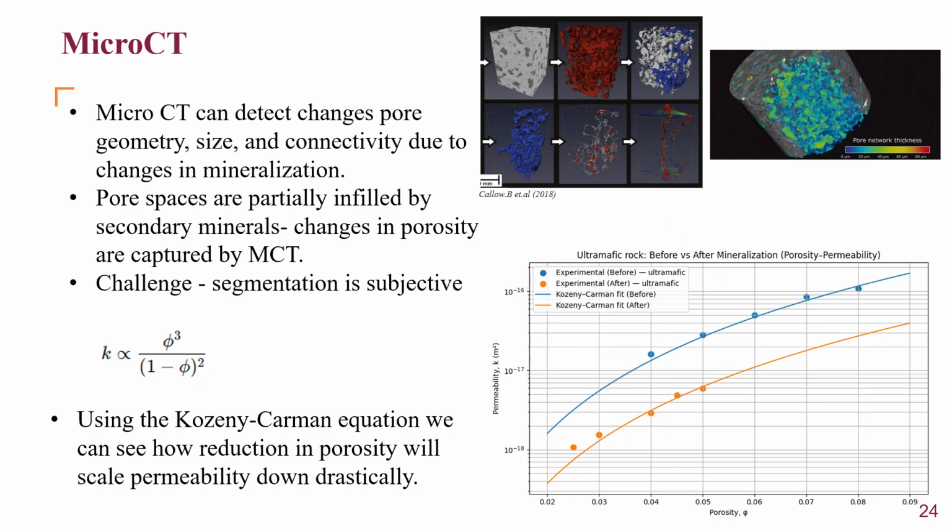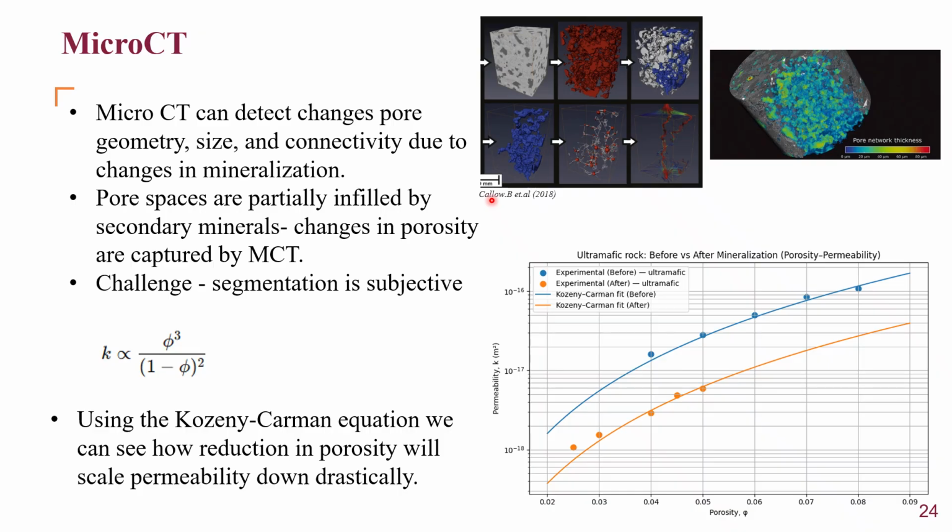It can also help us detect how changes in porosity, that's the pore space, can affect permeability. The only challenge with micro CT is that it is based on segmentation, which is very subjective and depends on the scientist doing the segmentation.